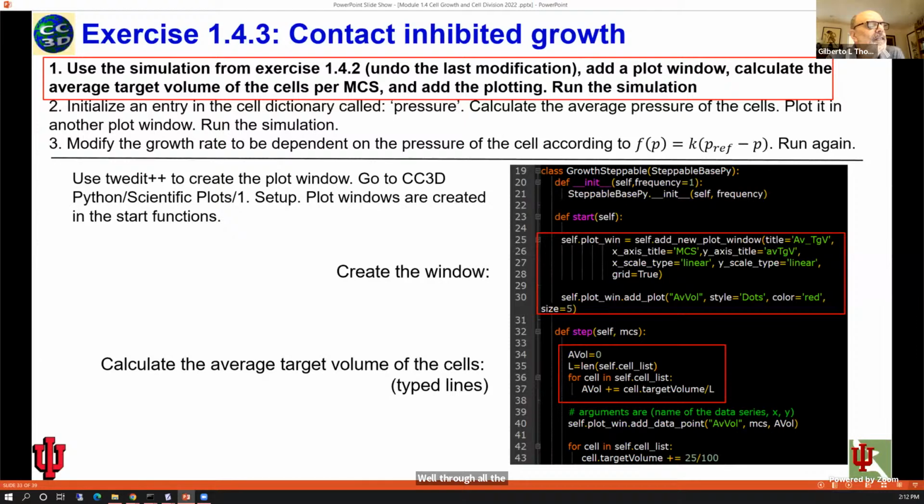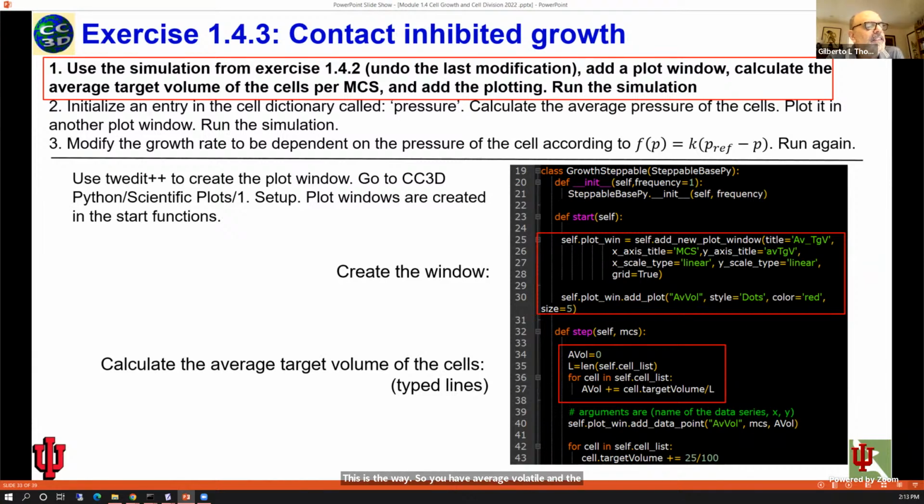Then you measure the length of the cell list. I mean, how many cells exist in your system? You measure that by measuring the length of your list of cells. This is the way. So you have the average vol variable and the number of cells.